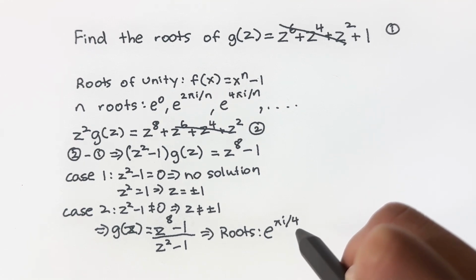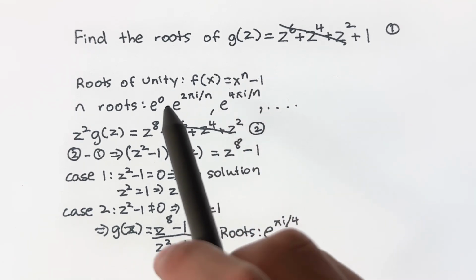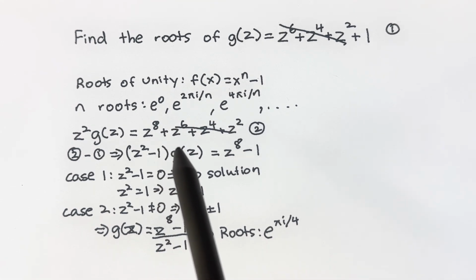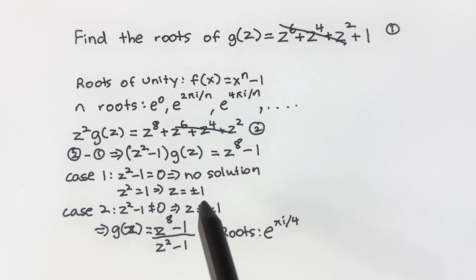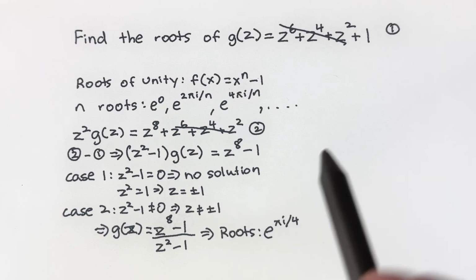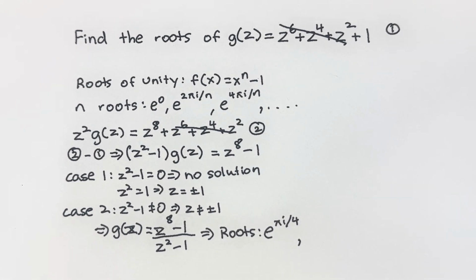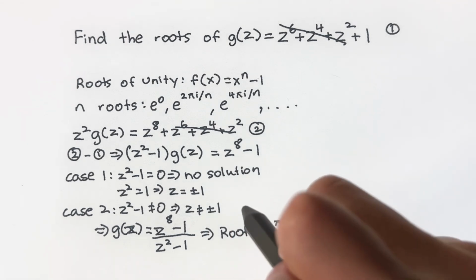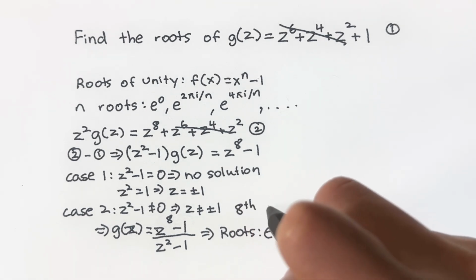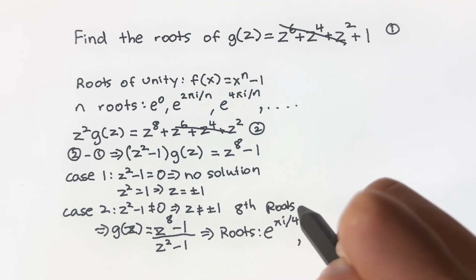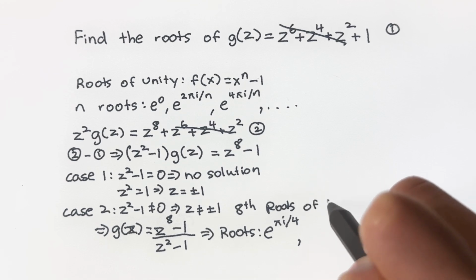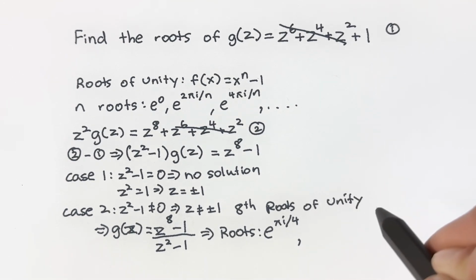And notice that we did not include e to the power of 0, because e to the power of 0 equals 1, and we already established that z cannot equal plus or minus 1. So then we can just simplify. In this case, there are going to be 8 roots of unity, because n equals 8.